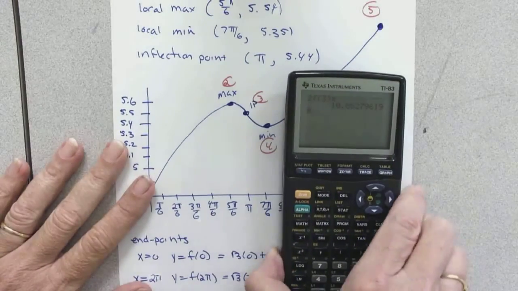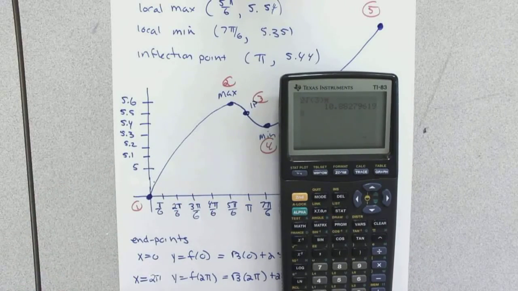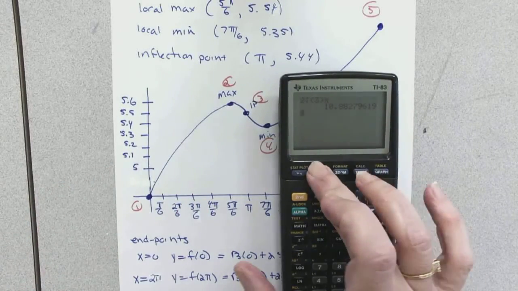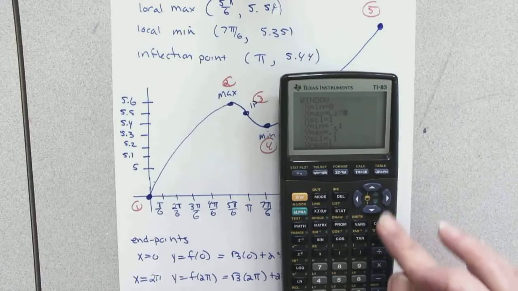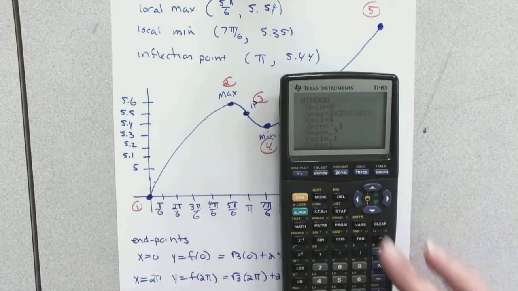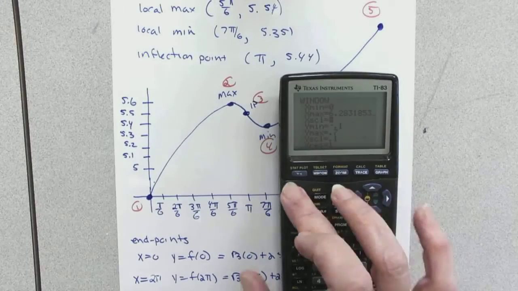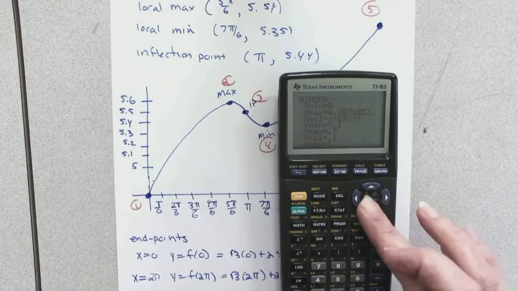But now we can check it. Now I already have the function in there, so just give it an appropriate window. So the window I used was 0 to 2 pi, and I counted by pi divided by 6.